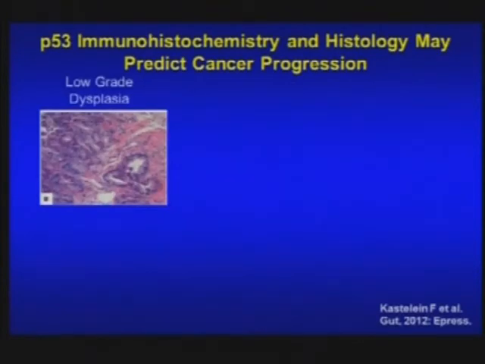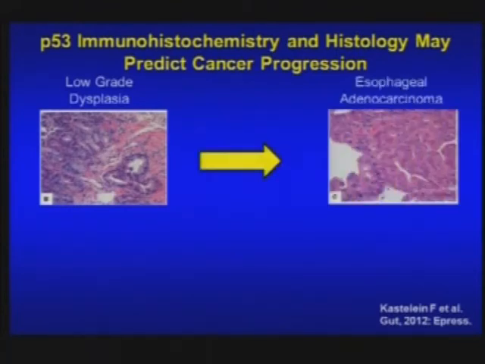And then here are recent data from a case-controlled study that looked at p53. This time they were detecting p53 by immunohistochemistry, and they combined it with the finding of low-grade dysplasia on histology. If you look at low-grade dysplasia, the positive predictive value in predicting esophageal cancer progression was 15%.